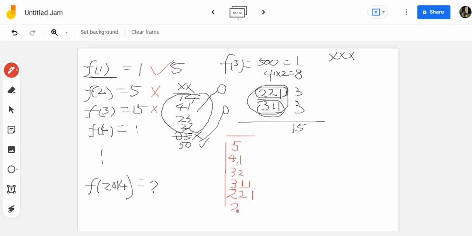And this one cannot increase anymore, so it has to be 2, 1, 1, 1. The last one cannot increase anymore, so it has to be 1, 1, 1, 1, 1. Totally it should be these 7 cases.